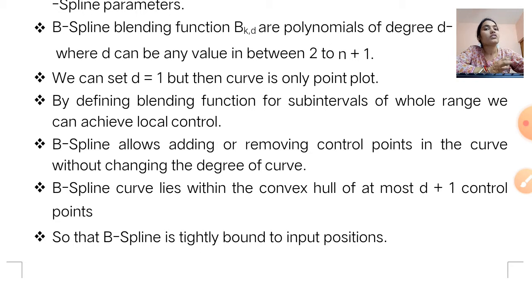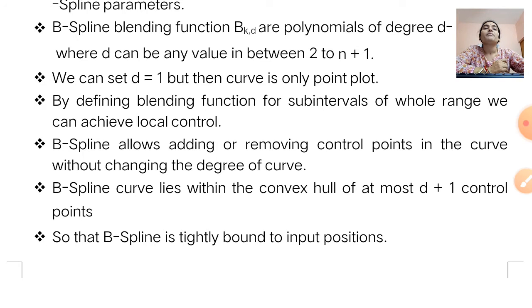These are the local control points which we can use to draw the curve. I can also skip some control points, but in the Bezier curve no control points can be skipped.